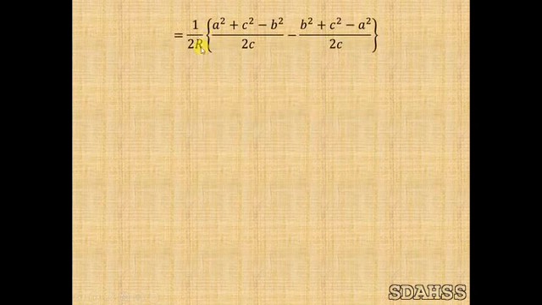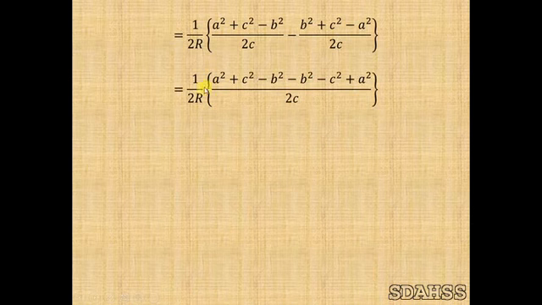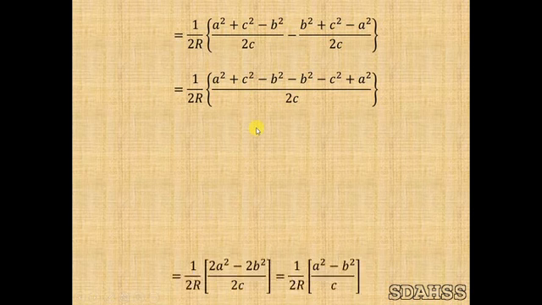Here 1 by 2R is common, so take outside, remaining you have a square plus c square minus b square divided by 2c minus b square plus c square minus a square divided by 2c. 1 by 2R, 2c is the LCM, keep the numerator as it is, that is a square plus c square minus b square. Multiply the minus sign, you have minus b square minus c square plus a square.